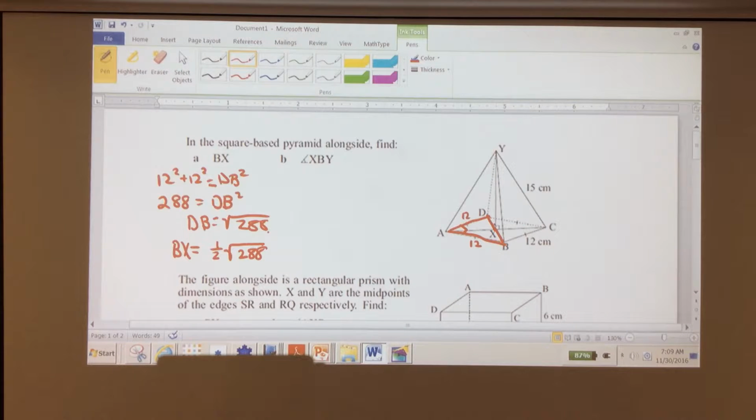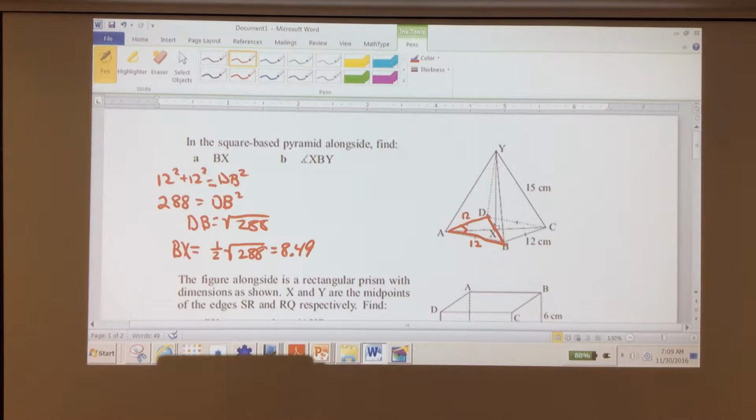So let's punch that in and see what that equals. And I'm getting 8.49 to 3 sig figs. 8.49. So that's your answer to A.